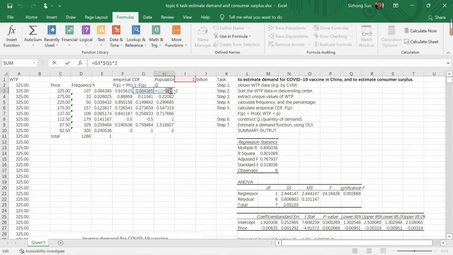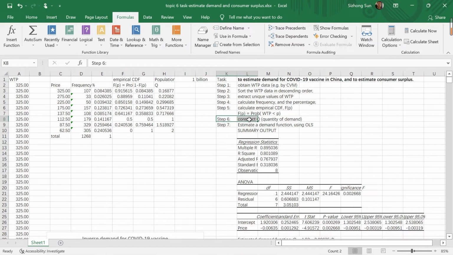And you know that I'm using 1 to fix the difference, and times 2 because each adult is required to take 2 vaccines. So it's 0.16877 billion. Similarly for this, up until this. Okay. So now we have constructed quantity.